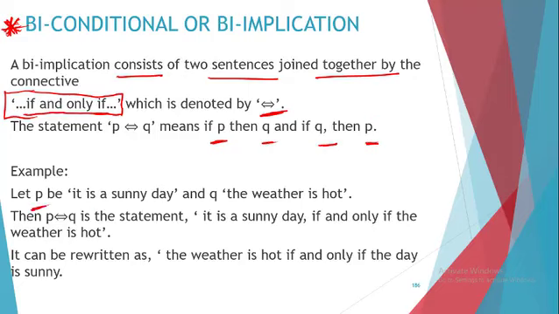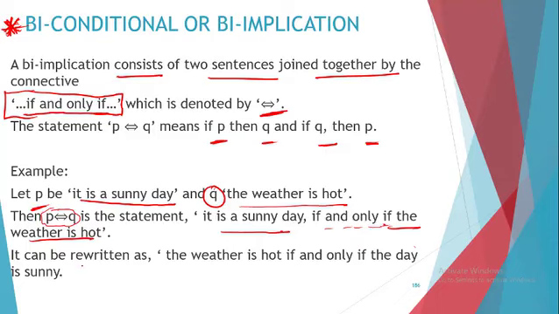We have an example here. Let P be it is a sunny day, and let Q be the weather is hot. Then P implying Q would give us the statement: it is a sunny day if and only if the weather is hot. So if the weather is not hot, then it is not a sunny day.